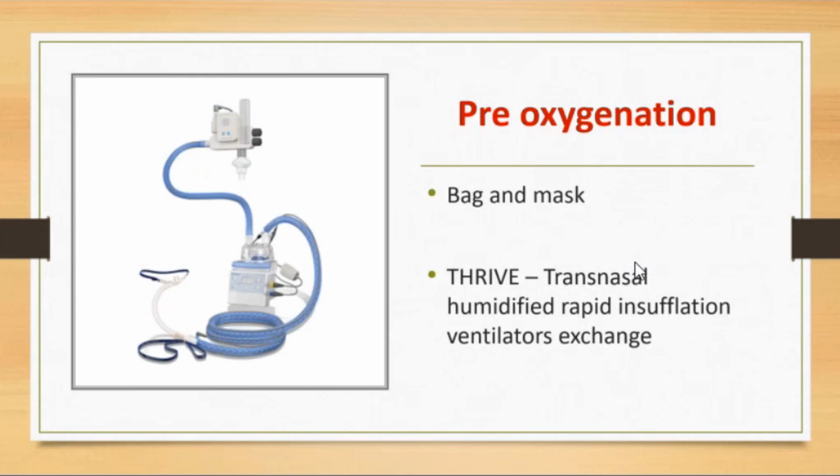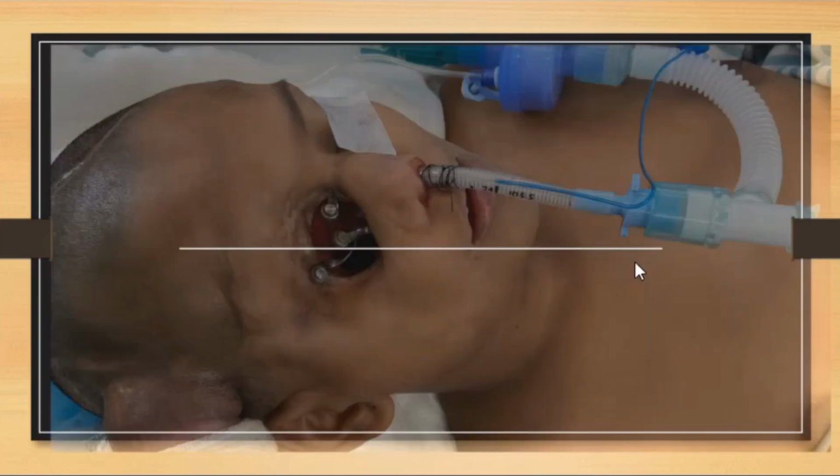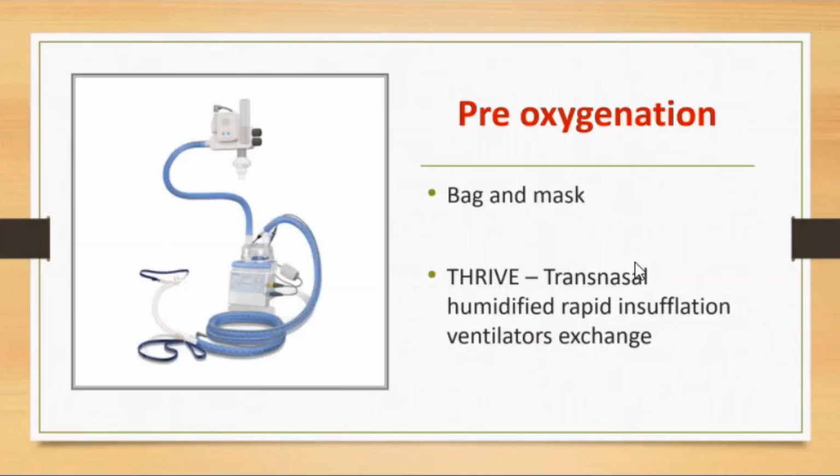Pre-oxygenation: we need to replace the FRC with 100% oxygen to buy time for intubation. With traditional bag and mask ventilation, the issue is that when we are intubating, there will be interruption in the oxygen supply. THRIVE is a recent advance. It stands for transnasal humidified rapid insufflation ventilatory exchange. It maintains PO2 as well as PCO2 within normal limits even after 40-45 minutes of apneic ventilation.